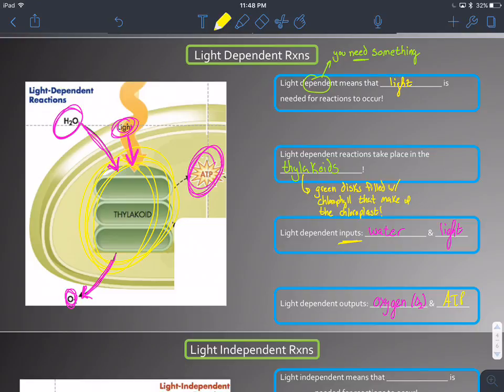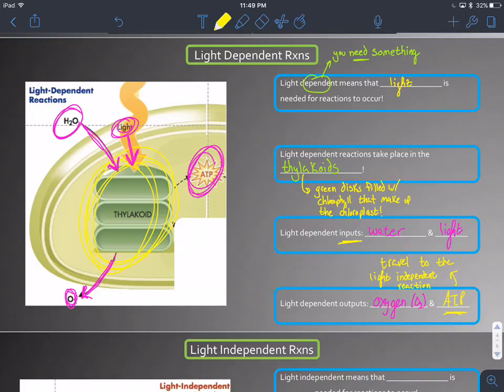So that in this light-dependent reaction, we're producing oxygen and we're producing ATP. And it's ATP that is actually going to travel to the light independent reactions.